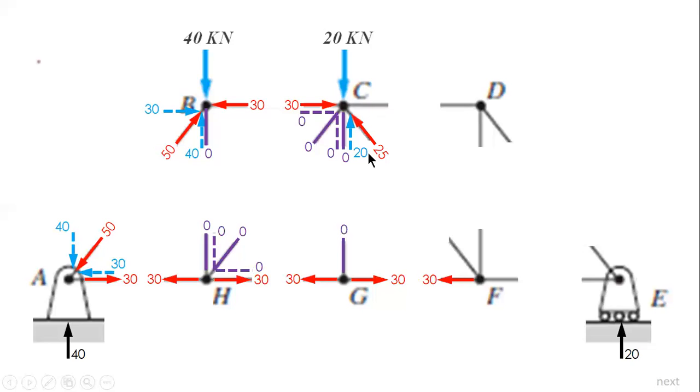And sa horizontal, 20 over 4, 5, times horizontal component sa triangle kanina, 3, 15. So comparing the two horizontal forces, 30 and 15, kulang ka o 15 directed to the left. That would be the force on CD. So balance na eh. Dua ka 15 left niya, 30 right.